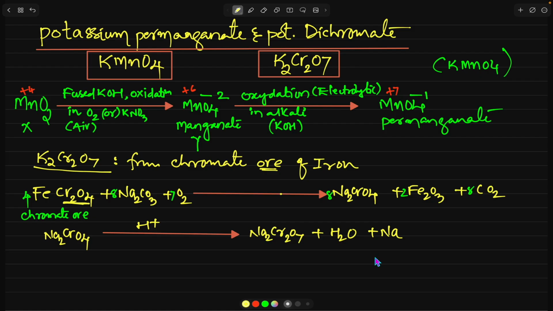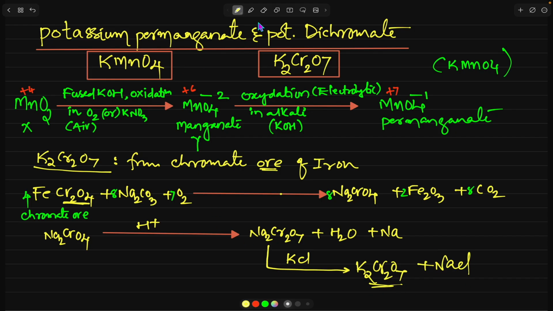This is Na2Cr2O7, sodium dichromate. When this sodium dichromate is treated further with KCl, we will be obtaining K2Cr2O7. Sodium will be converting into NaCl.